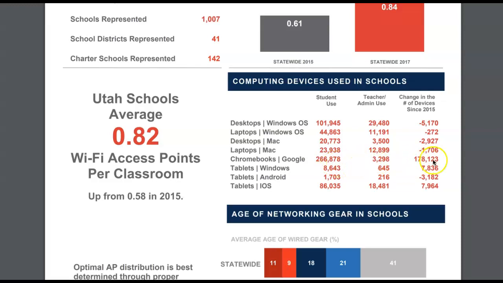So we saw a huge jump in purchasing specifically of Chromebooks during that time period. A large increase in the number of Windows tablets as well. Android tablets went down, and a large increase in the number of iOS tablets or iPads in that time as well.